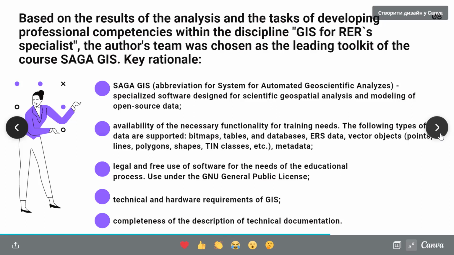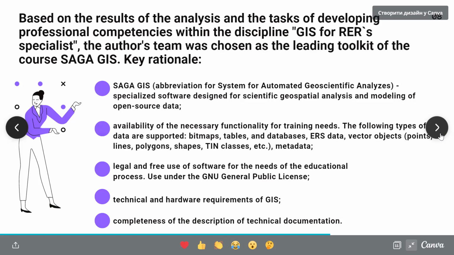Rationale. SAGA GIS, abbreviation for System for Automated Geoscientific Analyses, is specialized software designed for scientific geospatial analysis and modeling of open source data. Availability of the necessary functionality for training needs.